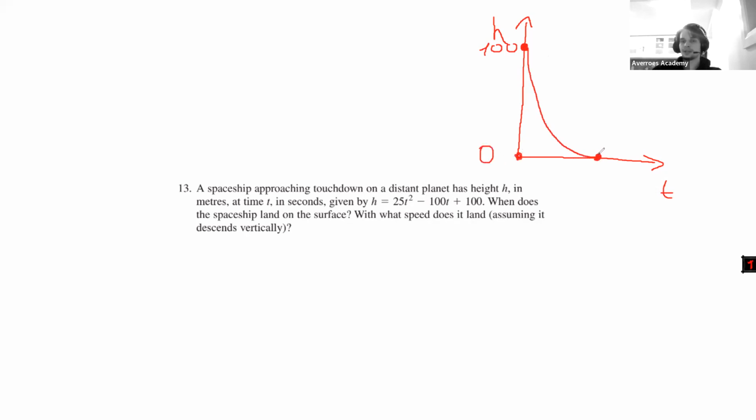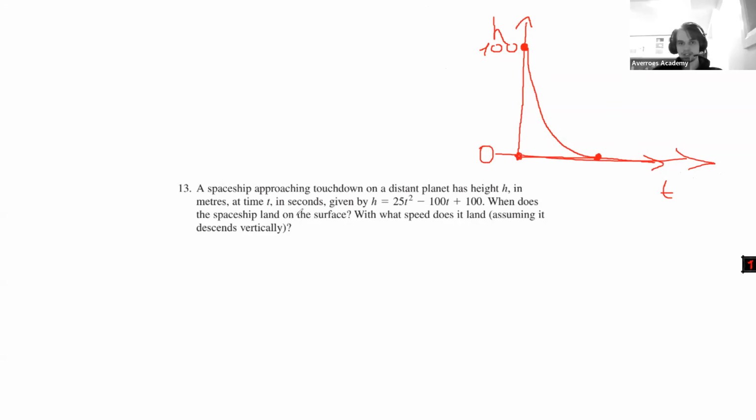So we know that the tangent line to the curve at this point is going to be horizontal to the time axis, so it's going to have 0 slope. That's the first thing that we can mention here.